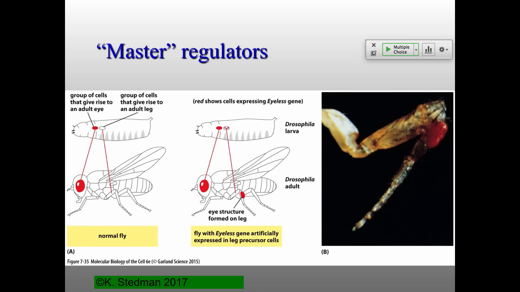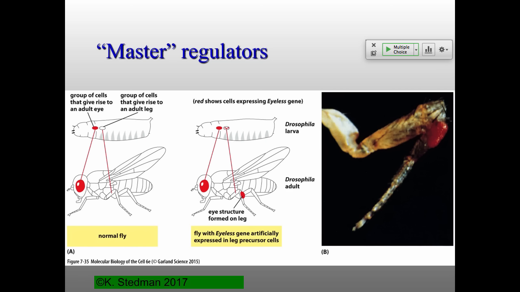One of these that's been really quite well studied are some genes that are important for development, particularly development of individual structures that you find in the fruit fly. And one of the best and easiest, actually, to look at are eyes. They've got these really amazing red eyes for the wild type.